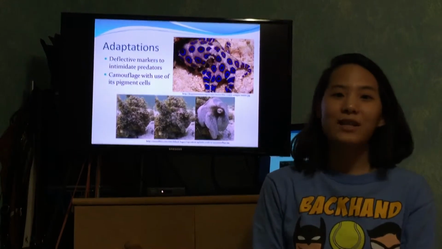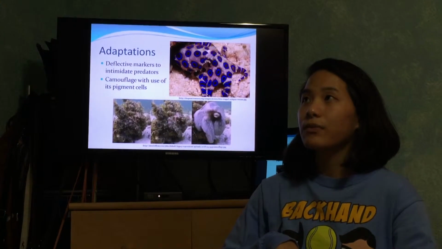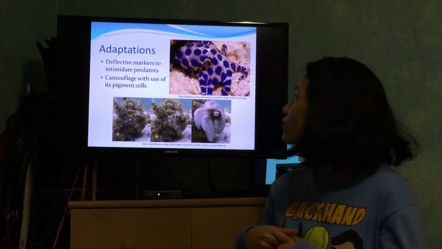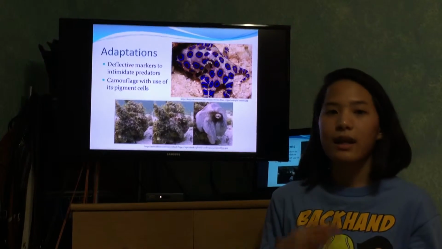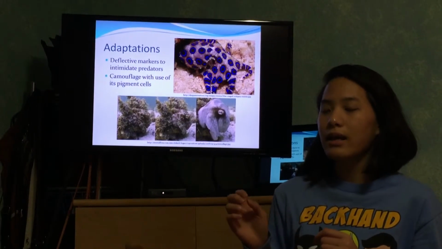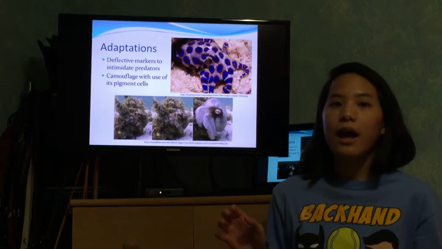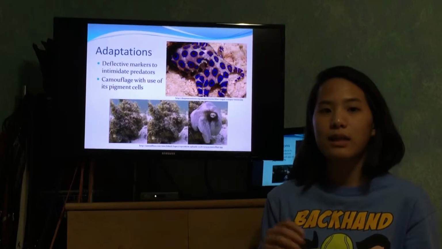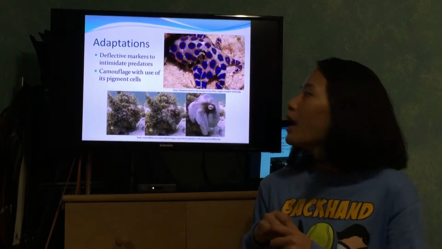Some interesting adaptations about the Octopus vulgaris is that the octopus has deflective markers around its skin and around its eyes. These areas darken with vibrant colors, and this occurs because it intimidates predators.